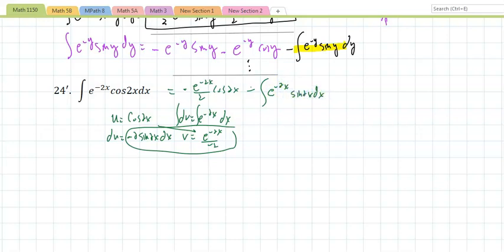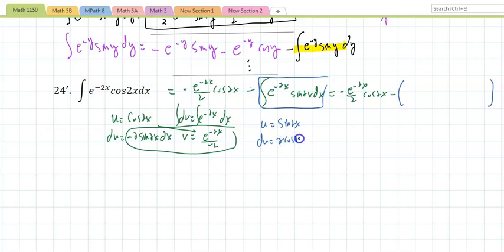And now, my next step, this is going to equal negative e to the negative 2x over 2 cosine of 2x minus this integral right here. So if I look at what's going to come out of that, I let u equal the same deal, sine of 2x. du is twice the cosine of 2x dx. dv be the exponential part.